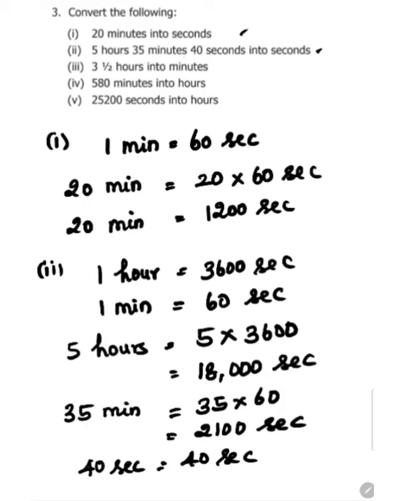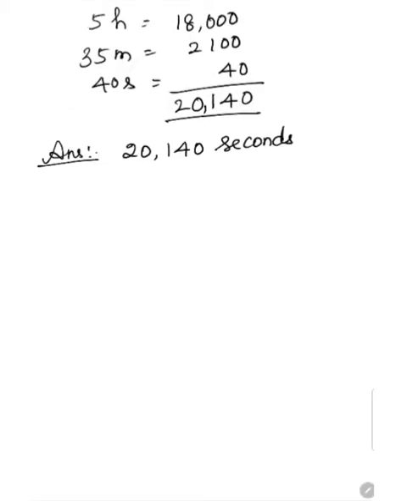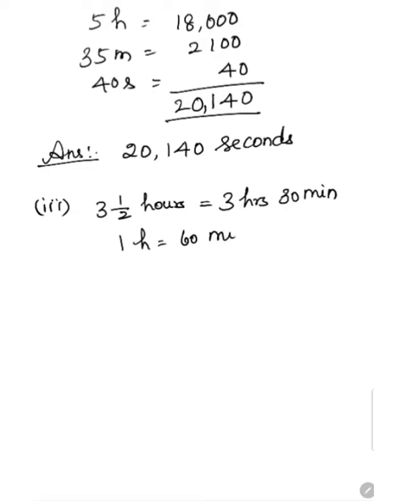Then the third one is 3 and a half hours into minutes. 3 and a half hours is nothing but 3 hours 30 minutes. We know that 1 hour is equal to 60 minutes.